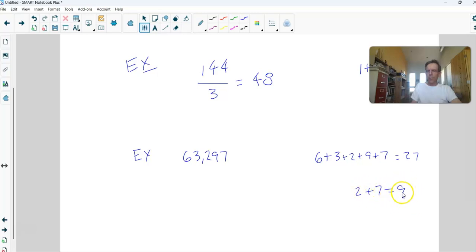That's divisible by 3. So this must be divisible by 3. And if you do that, what do you get? Let's see, 63297 divided by 3. It goes in evenly, 21,099. So this divisibility stuff can be helpful for doing factor trees.